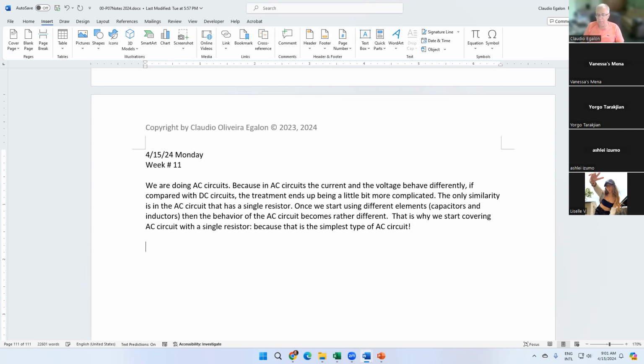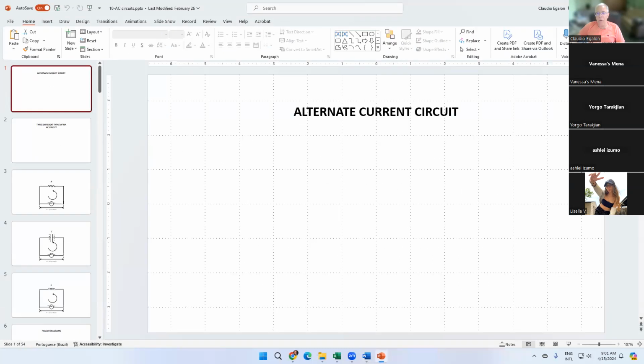Okay? And so we're going to review AC circuit with a resistor again. And we're going to do that in a slightly different way than we did last time, which is going to be a more general technique. Okay? And I'm gonna tell you right away, it is something that we already did before for DC, and now we are going to apply that to AC, okay?